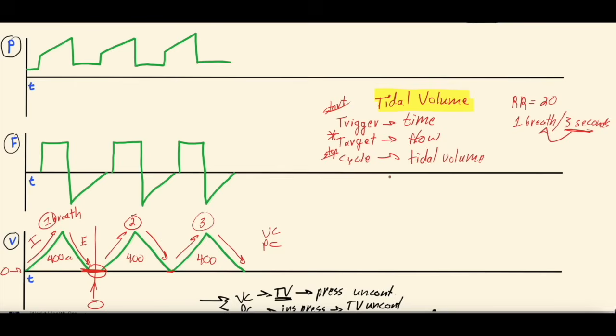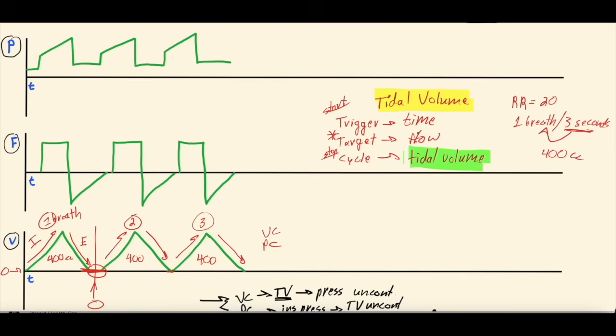Well, it is in a way, but it's in an indirect way, because what causes the ventilator to stop a breath is the tidal volume. So if I tell the ventilator I want that person to get 400 cc's of air with each breath, the ventilator says, okay, I get that. I am going to target a flow. So flow is the amount, it's like cc's of air per unit of time.